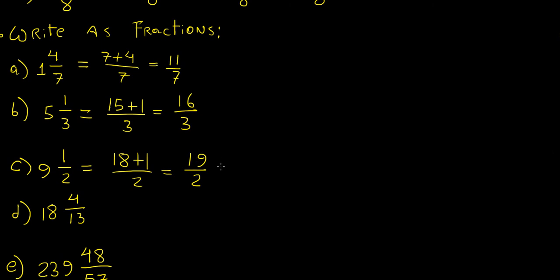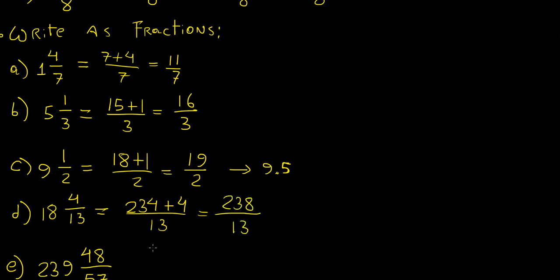This one could be represented as a decimal if we wanted to, so we could write this as 9.5. This one here, we're going to have 13 times 18. I'm just going to put that in my calculator because it's going to be 234 plus 4 over 13. And that's going to be 238 on 13.